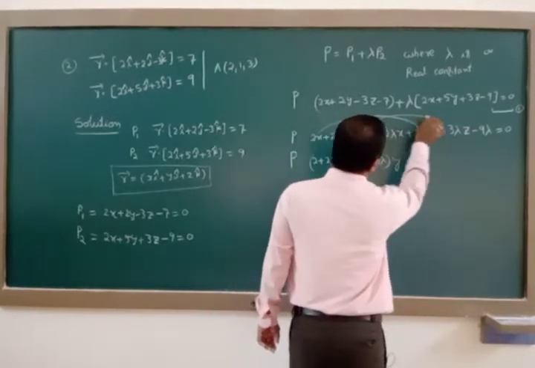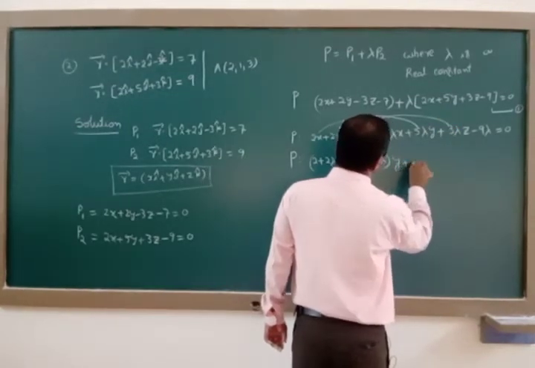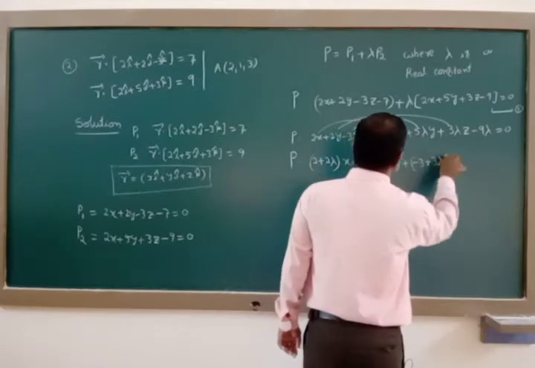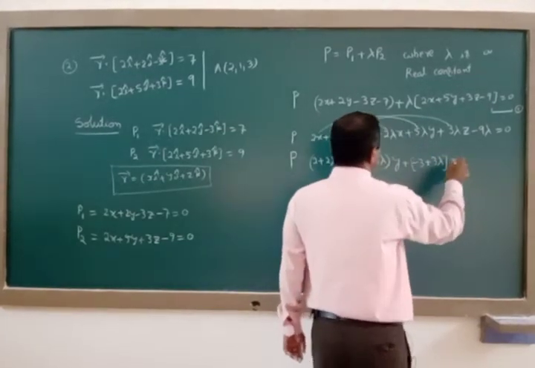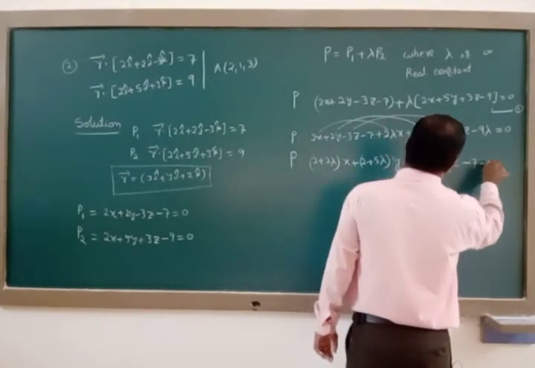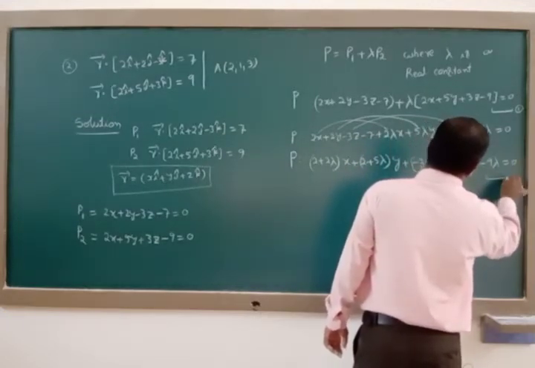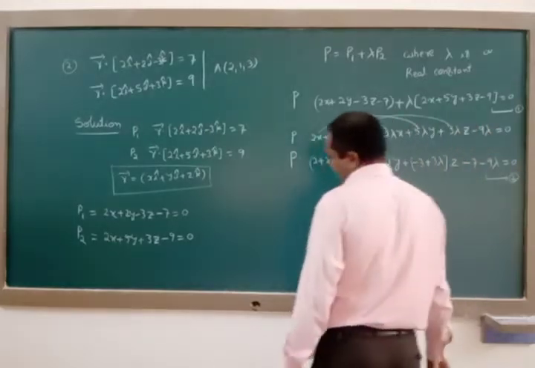Next take z common, we get minus 3 plus 3 lambda of z. The remaining constant is minus 7 minus 9 lambda is equal to 0. Represent this as equation number 2.